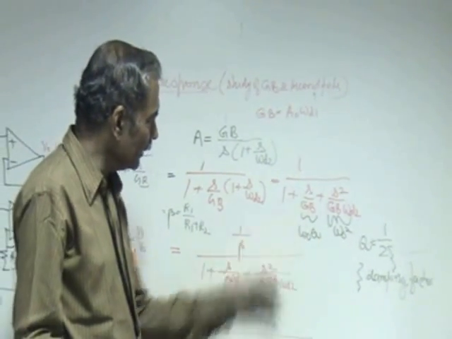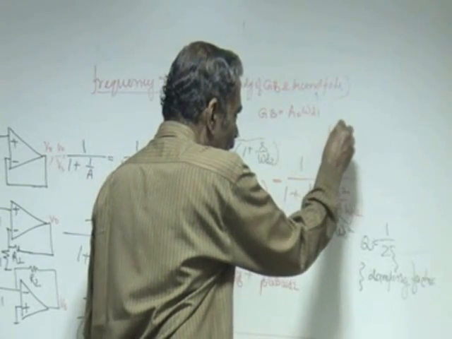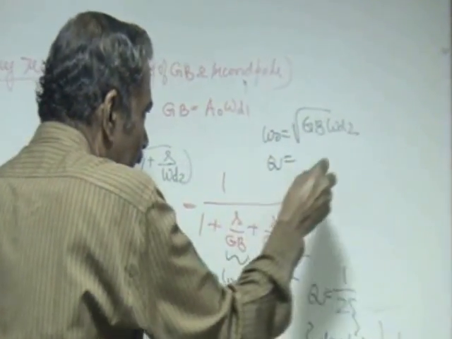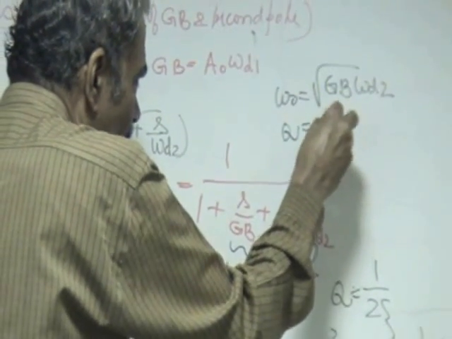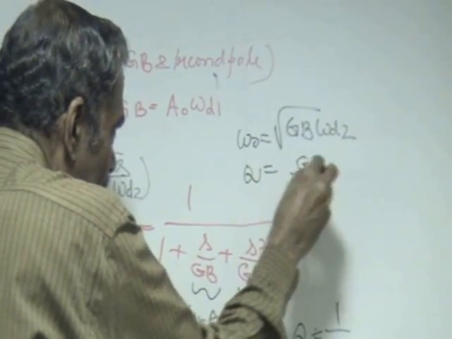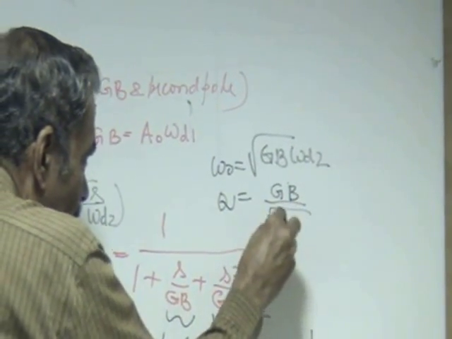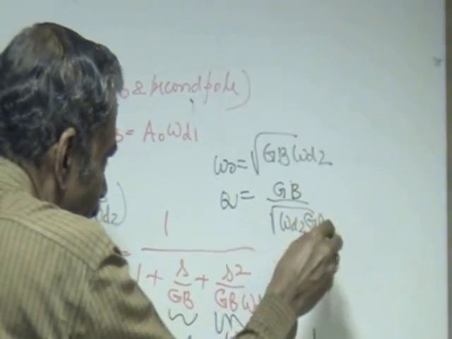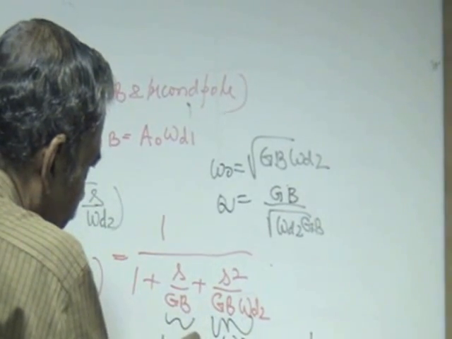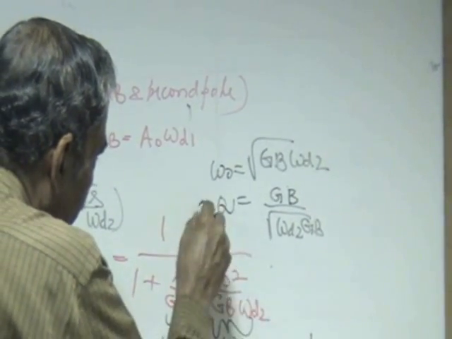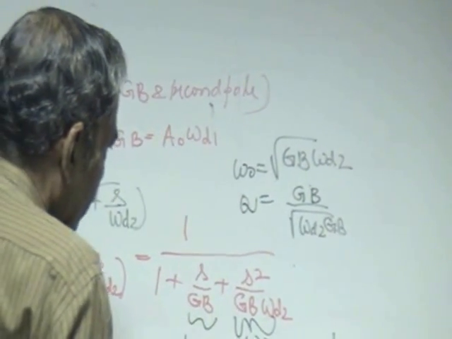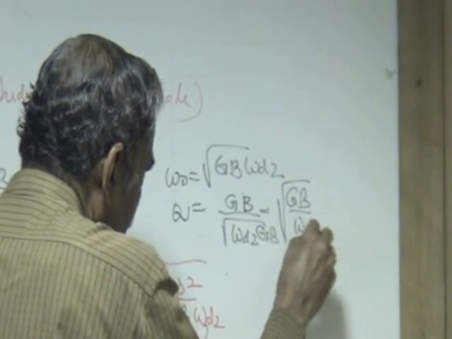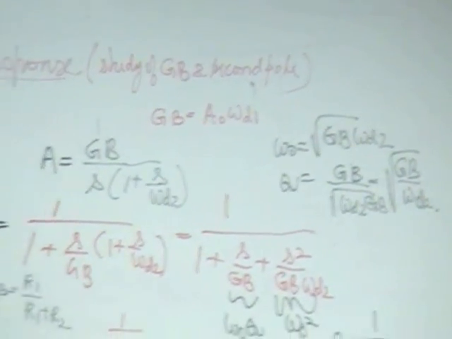Q in this particular case you can evaluate by equating omega naught to square root of GB into omega D2, and omega naught over Q is the gain bandwidth product, therefore Q is going to be square root of GB into omega D2 divided by GB.